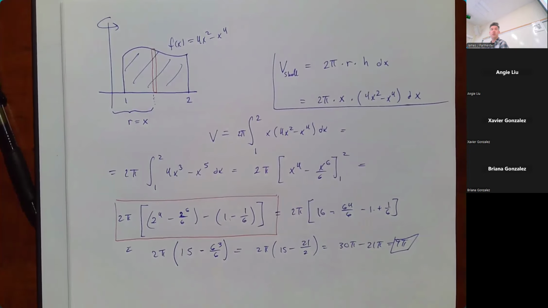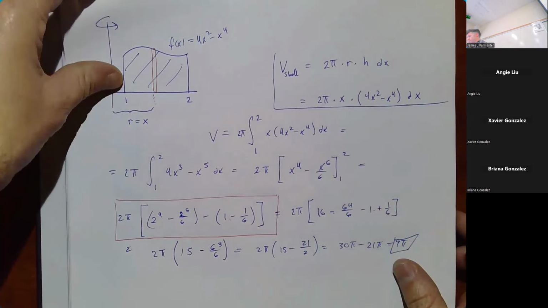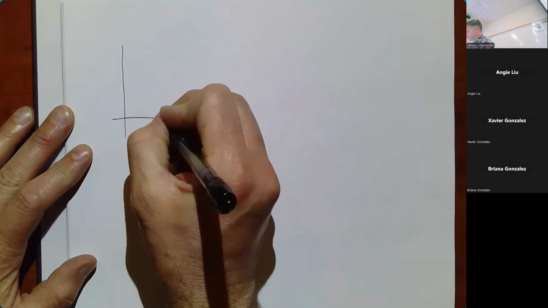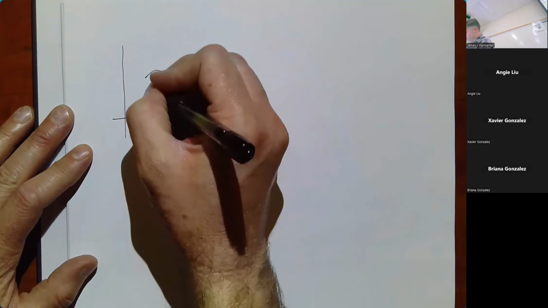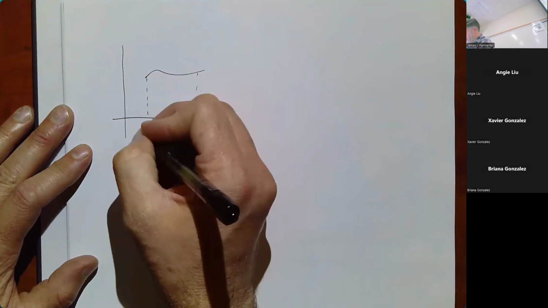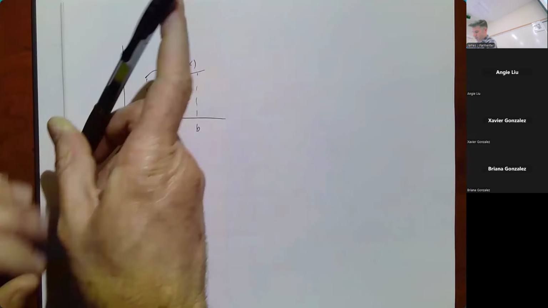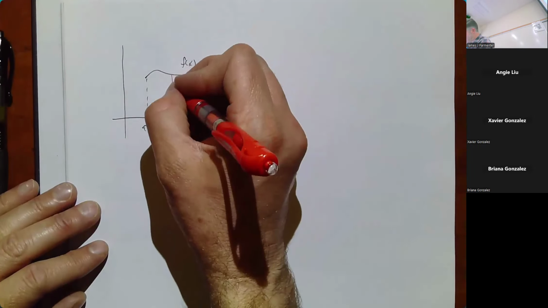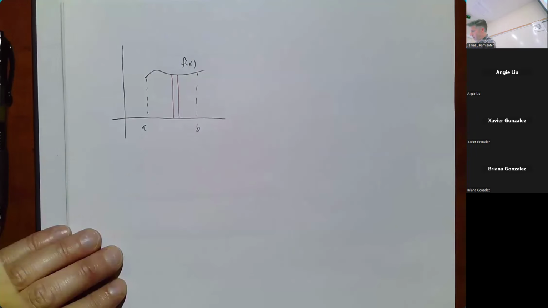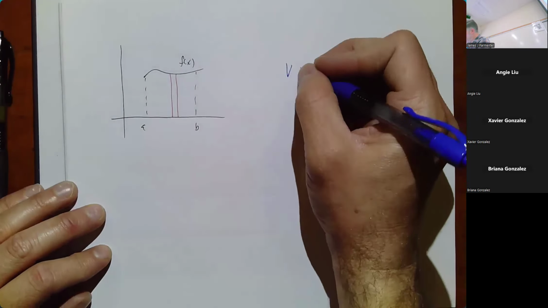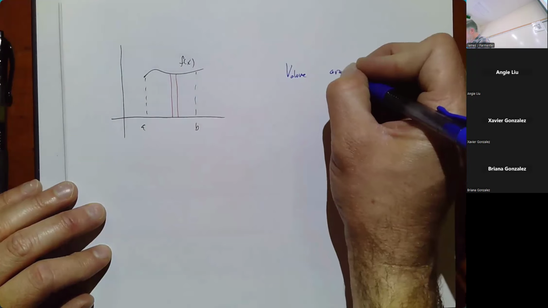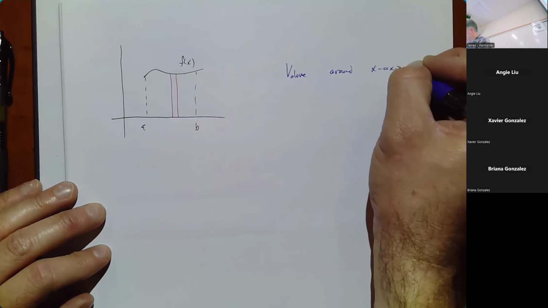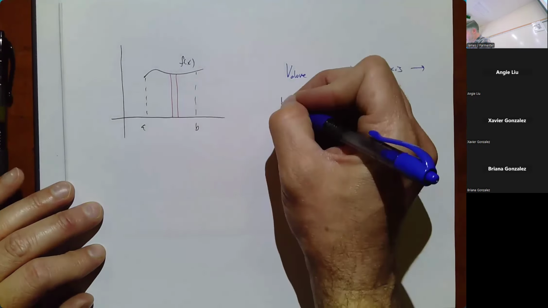How do they do which part? Like, summarize. The idea basically is that if you have some region like this from A to B, it's your f of x, looking at some strip like this, then the volume around the x-axis, we have to use the disk method.